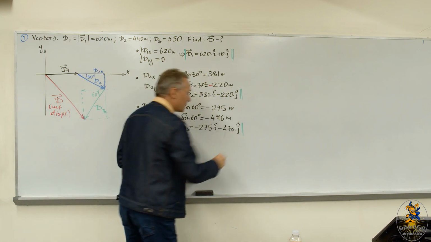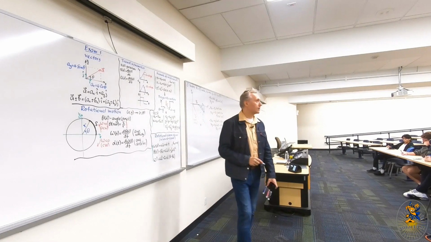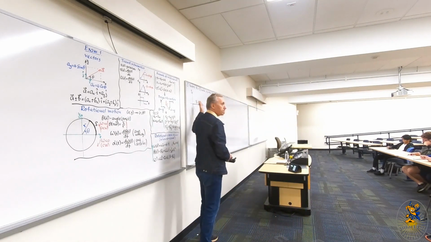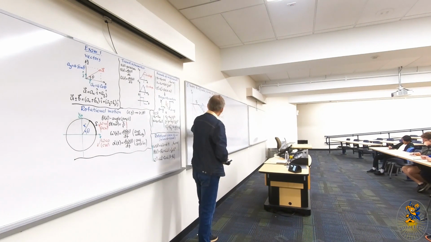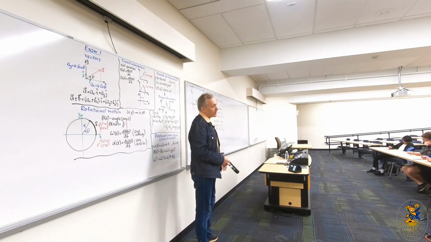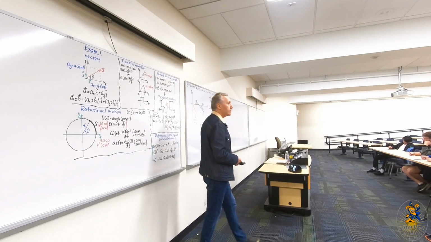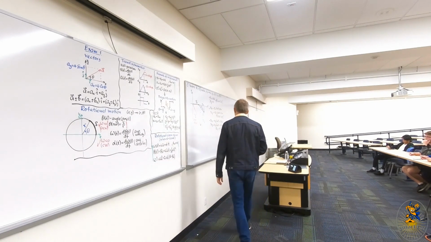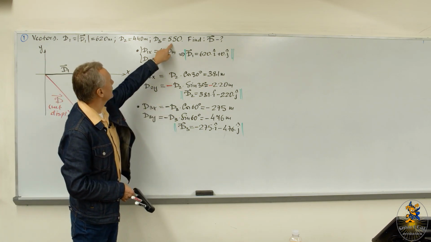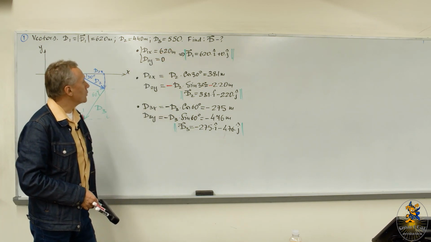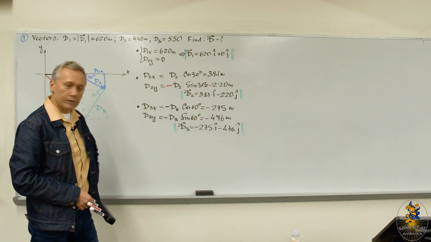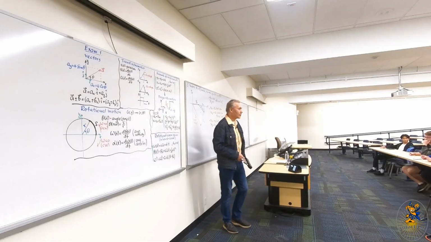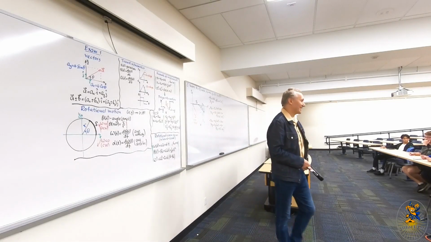The rest is very simple. In order to find the components of D, we just need to add all x components and all y components. Cosine 60 is 1 over 2, right? So D3 is 550, so it's 275.